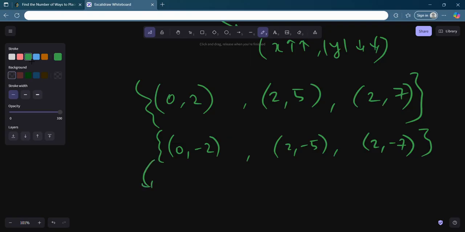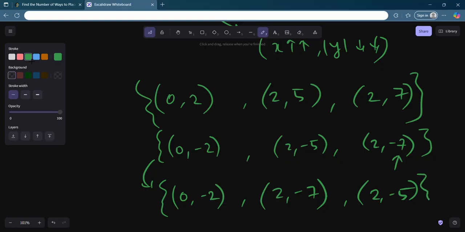Now if you try to sort them, x will get sorted as it is, but y will be sorted in increasing order. So this is the least value, so this will come first, and then (2, -5).